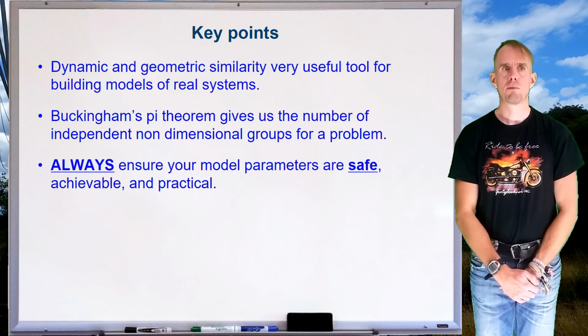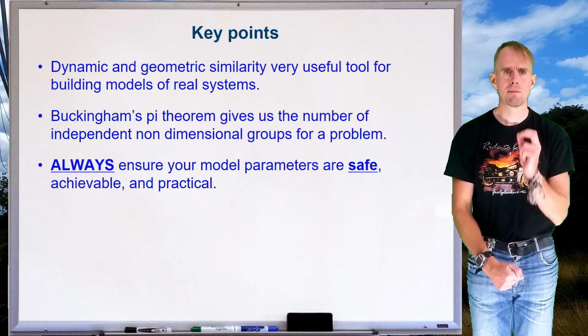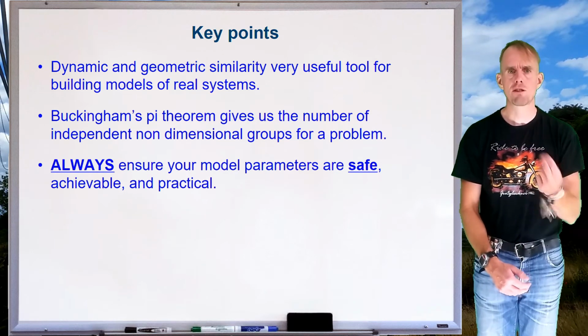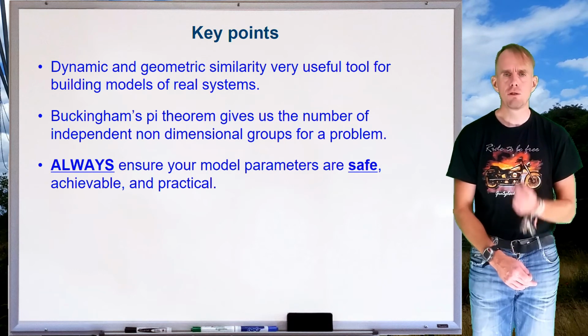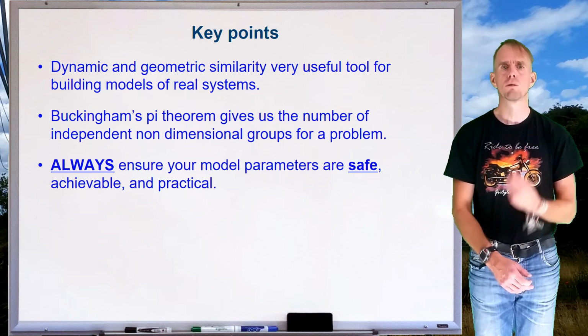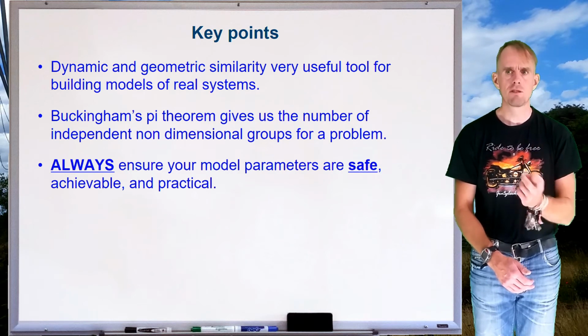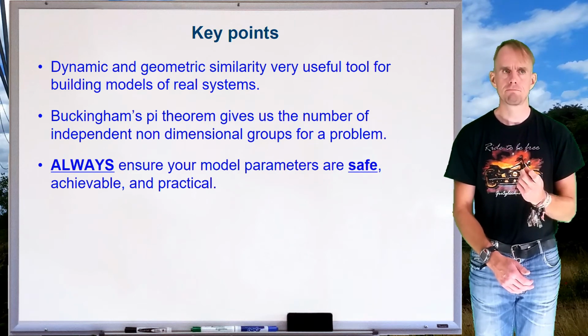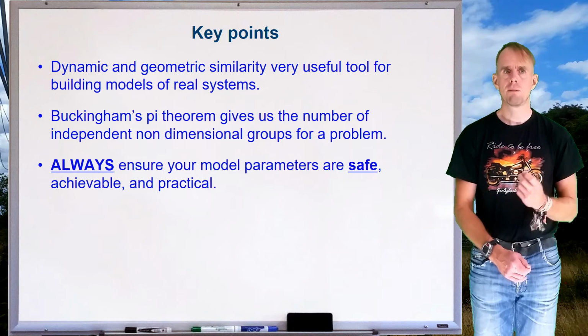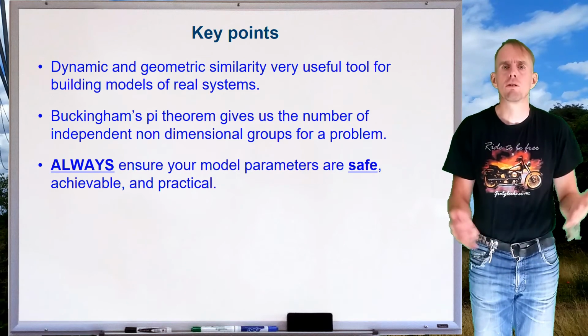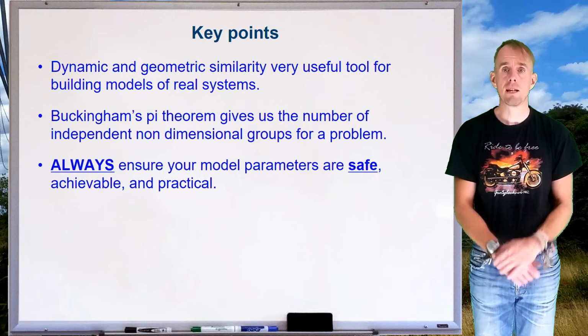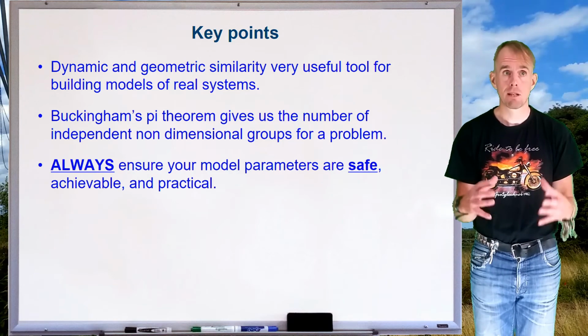Let's recap a few key points. What I wanted to demonstrate was that dynamic and geometric similarity are very useful tools for building scale models of real systems, and chemical engineers have been using these concepts for over 100 years. Buckingham's pi theorem gives us the number of independent non-dimensional groups that we need to seek in order to define a problem.